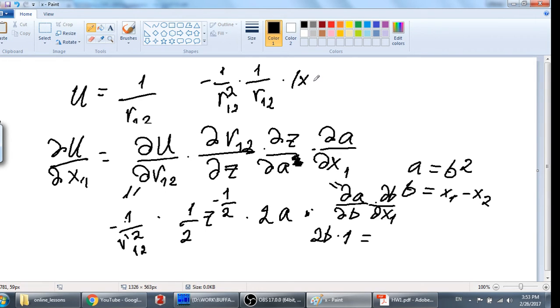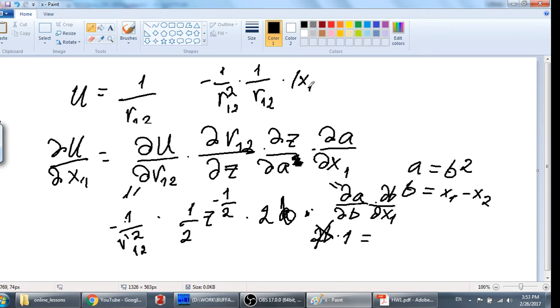So I guess I lost a little bit, but I got the 2 twice, so I get 2a, and here I actually just have 1, because da over db goes to be 2b, and then times 1.